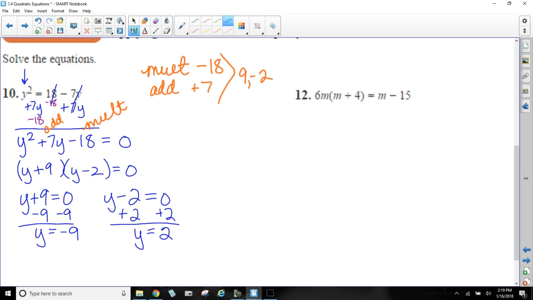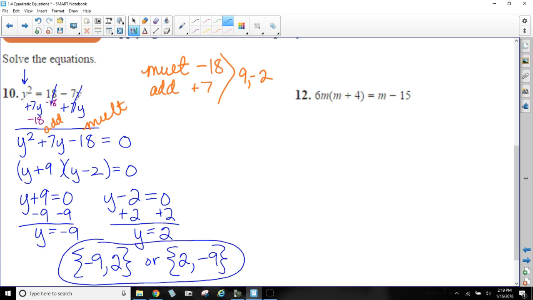We do have two answers, therefore our solution set is negative 9 and 2. The order doesn't matter, so either one of those two solution sets will work.